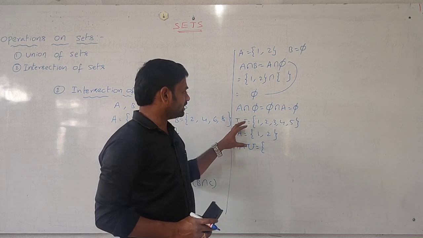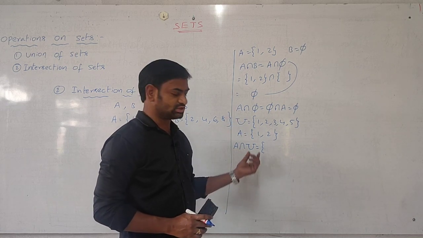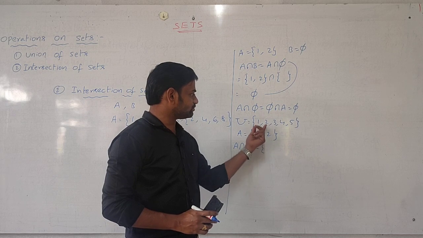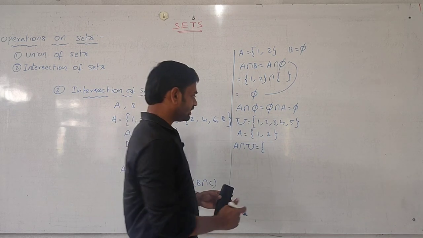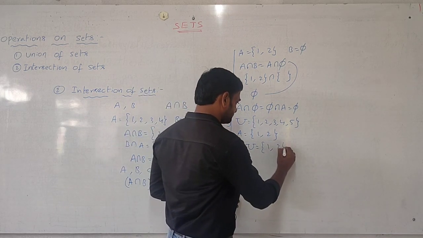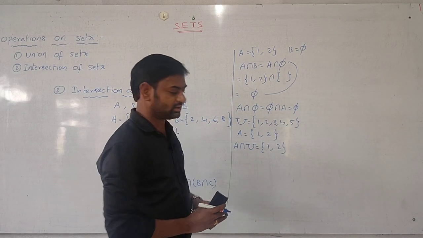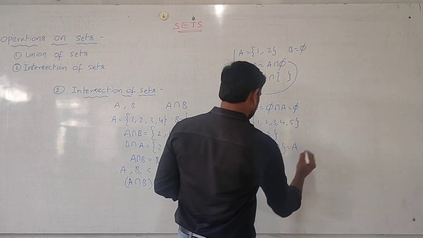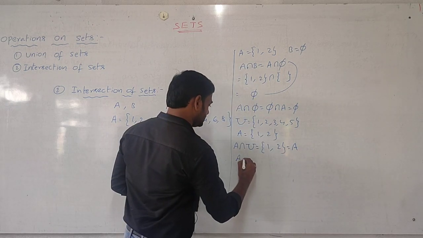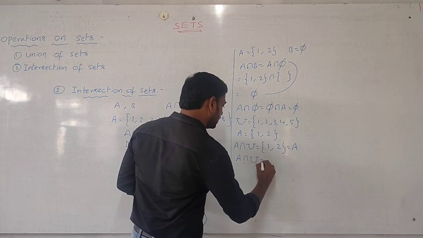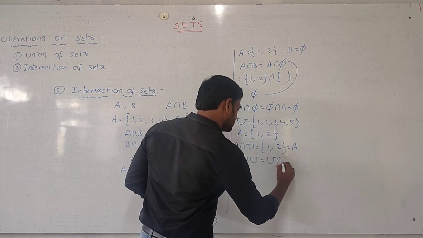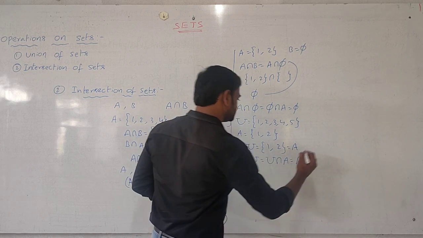What are the common elements for A and U? Just see here. Only common elements are 1, 2. So this 1 comma 2 is capital A. So A intersection U or U intersection A is equal to A.